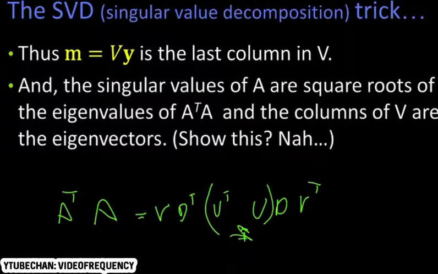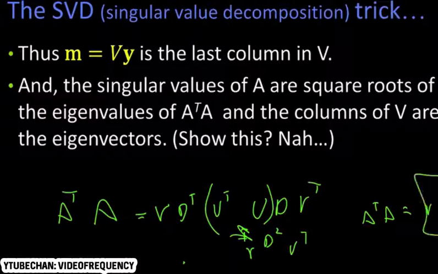D transpose D, well, D is a diagonal matrix, so D transpose D is just, I'm going to call it D squared. It's just the squared values. And then V transpose. So I'm just going to write that A transpose A is equal to V D squared V transpose.